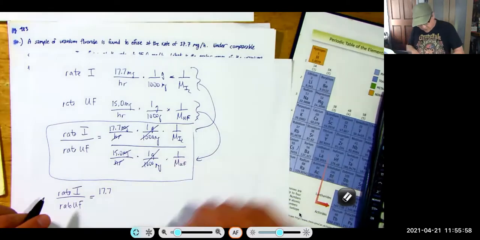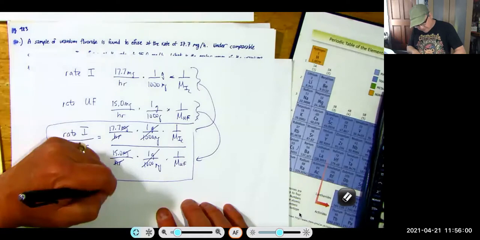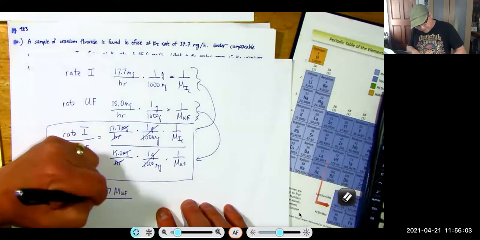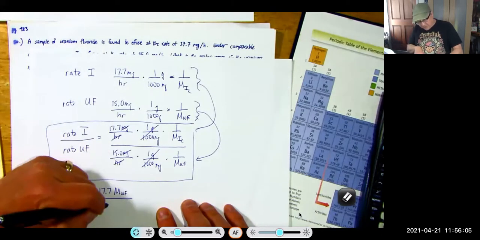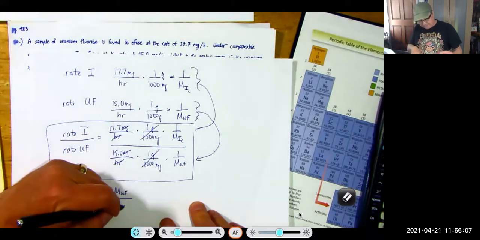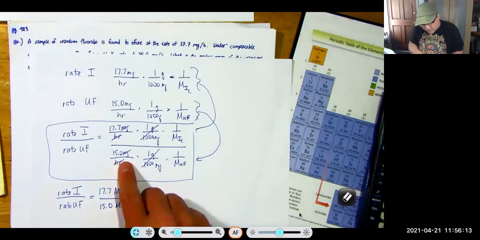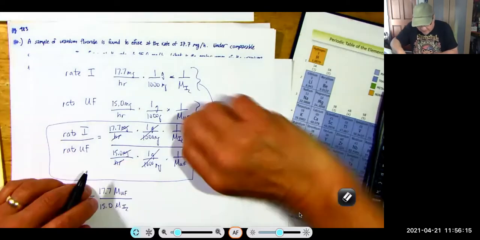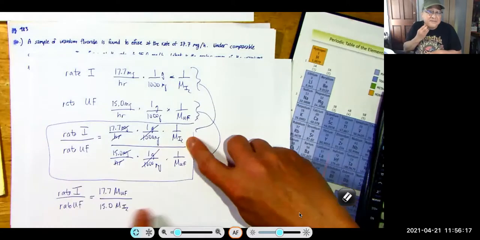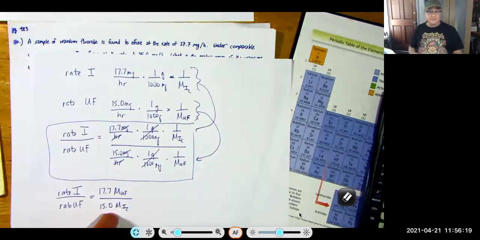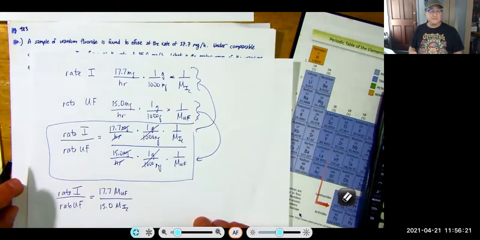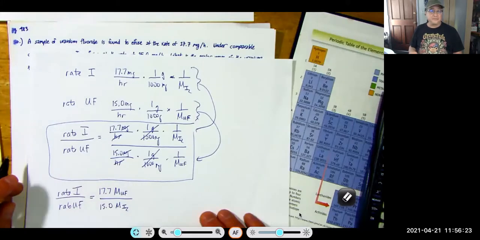So I'm going to put the molar mass of UF and 15.0 times the molar mass of I2. Because if I take this, which is 15 over 1, and flip it, I'm going to have molar mass of I2 times 15. All right, do you kind of follow that?